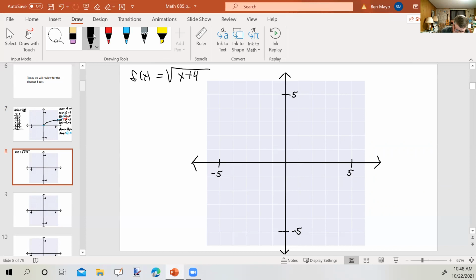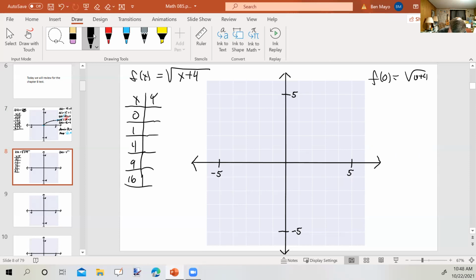Well, let's do what we did before, and that is, let's take a table and put in some perfect square values and see what happens. Well, f of 0 would be the square root of 0 plus 4, which is the square root of 4, which is 2. f of 1 would be the square root of 1 plus 4, which is the square root of 5. Oh, we're not getting perfect squares, are we?